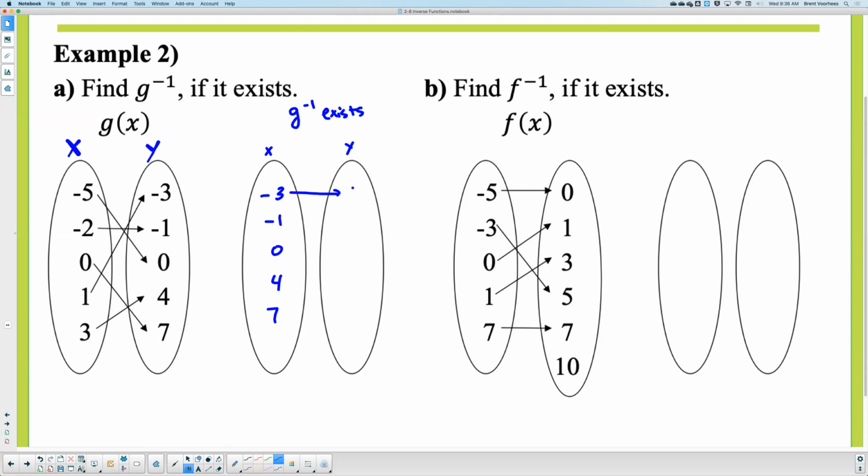I'm going to change it so it's straight arrows like this. What would -1 point at? This is the inverse now, so everything is going backwards. The arrows are going backwards. What's 0 point at? -5. The reason I'm doing this is that really all that matters is that the x's are aligned. 4 points at 3, and then 7 points at 0. There we go.